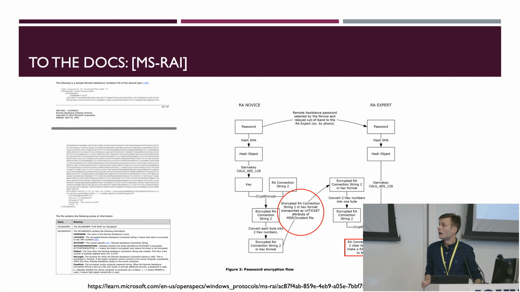But we can see how the flow goes. So now this generates the invite. The invitation string is generated and encrypted with a password. Everything is compressed into an MSRC incident file and sent over in an encrypted form to the expert.